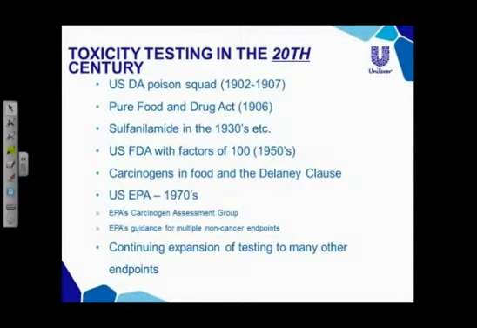As I say, things are changing, so for the 21st century, but just looking back a little bit, so for toxicity testing in the 20th century, this is really where all the tests that we have traditionally used have been generated. Certainly, maybe in the last 70, 80 years, some of the original tests came about.